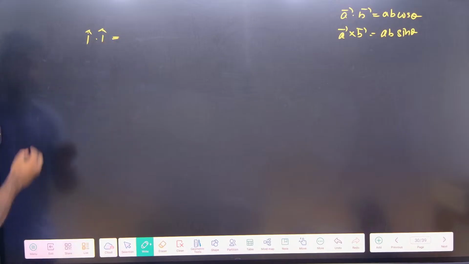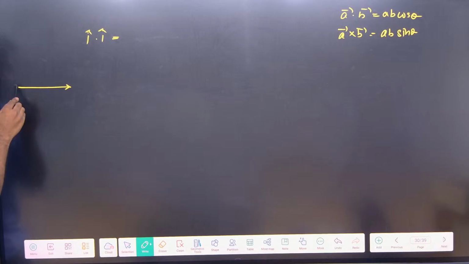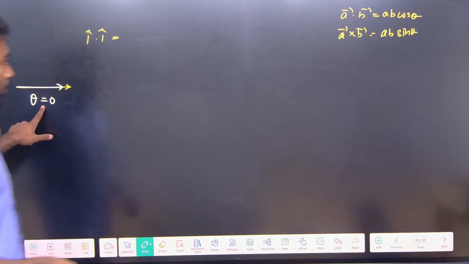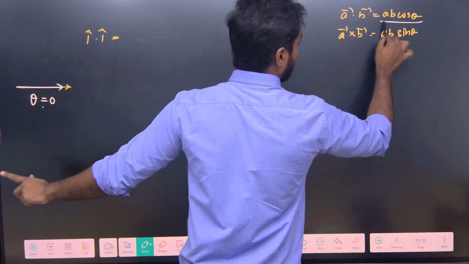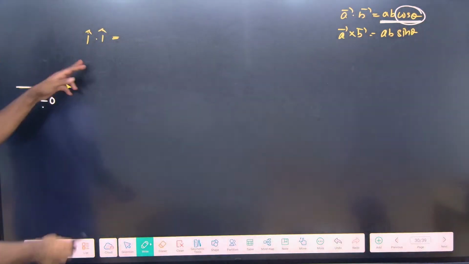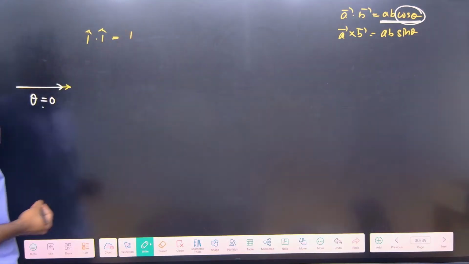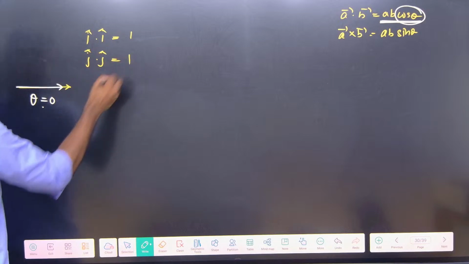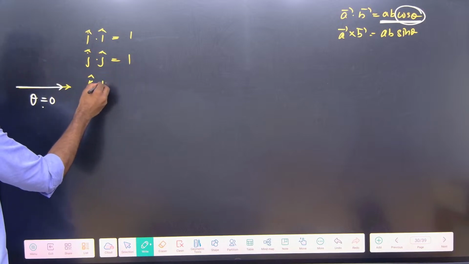I'm taking one vector in the x direction and the other vector also in the same x direction. What is the angle between them? Theta is equal to 0. If I substitute theta, cos 0 is 1. So I dot I will be 1, j dot j will be 1, k dot k will be 1.